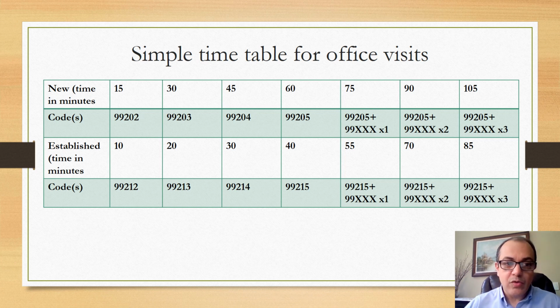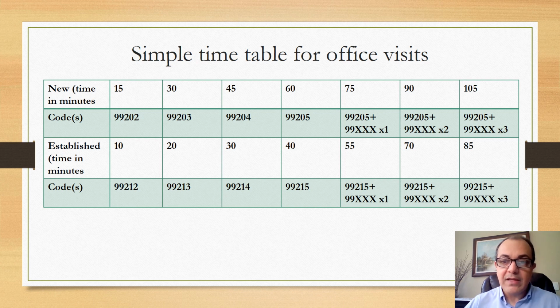I put here new patient, how many minutes are required as a threshold, or the minimal amount of minutes needed to get time documentation for a code. 15 at least gives you a code of 99202. 30 at least gives you 99203, and so on.